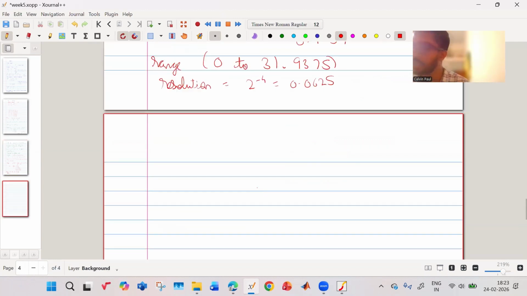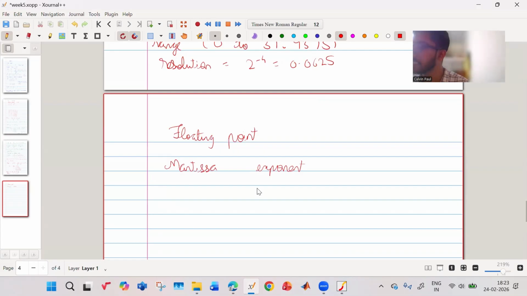Now, in floating point, there is something known as a mantissa and an exponent. So there will be some number of bits for the mantissa, some number of bits for the exponent.